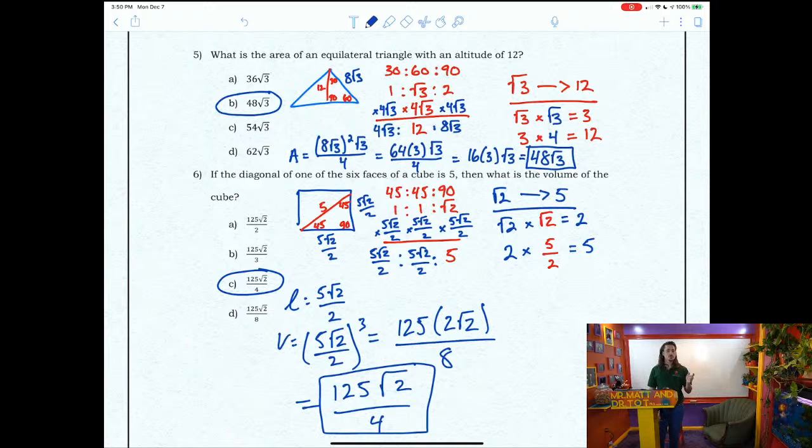So root 2 cubed turns into 2 root 2. And 2 cubed is 8. So we get 125 times 2 root 2 over 8, and that coefficient of 2 will eliminate with one of the factors of 2 in 8, and so our final answer here is going to be 125 root 2 over 4. That's answer selection C.